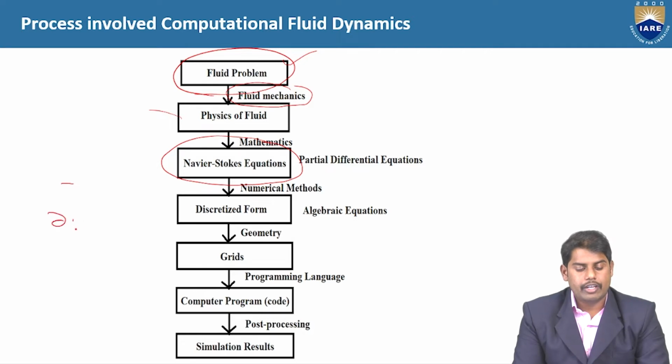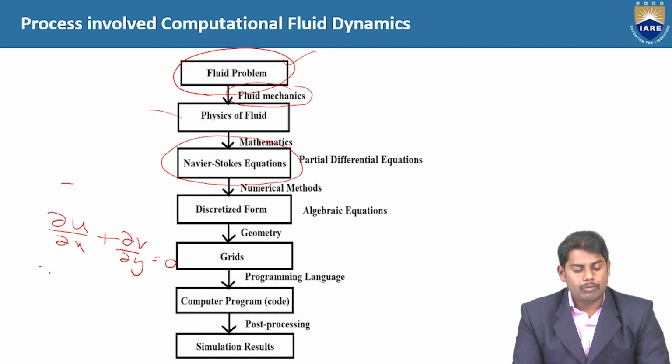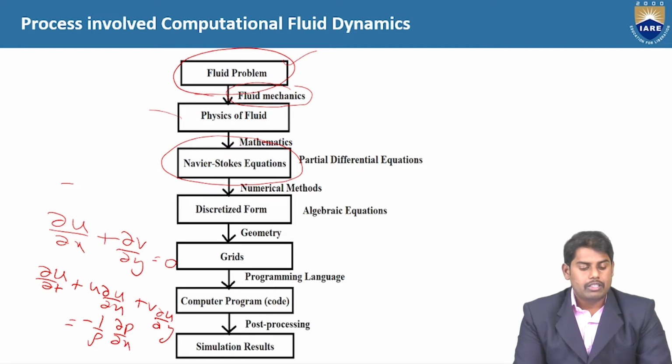Let's say in the continuity equation, you have du by dx, so this ∂u/∂x has to be replaced by an algebraic expression. The continuity equation is ∂u/∂x plus ∂v/∂y equals 0. Then you have the momentum equation: ∂u/∂t plus u ∂u/∂x plus v ∂u/∂y equals minus 1 by rho ∂p/∂x, let's say. So we have equation 1 and equation 2.